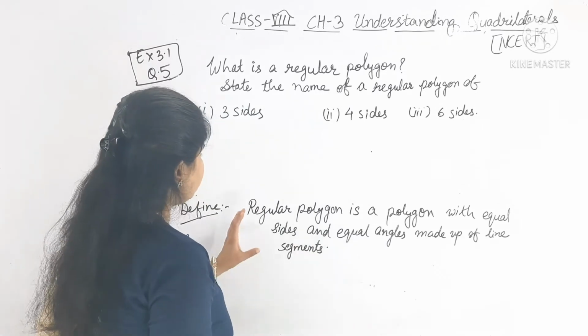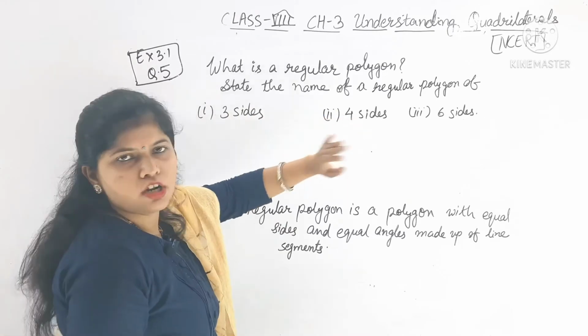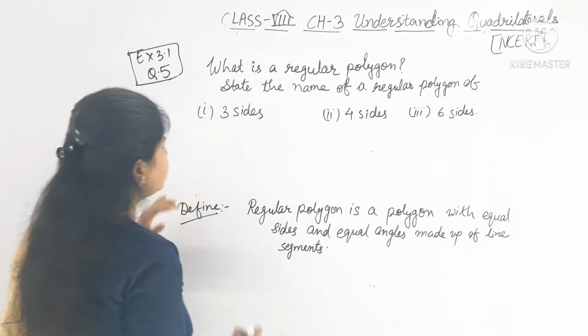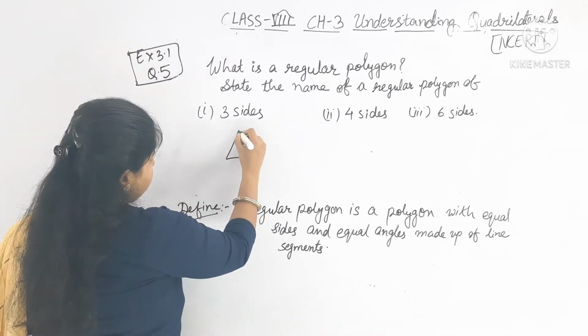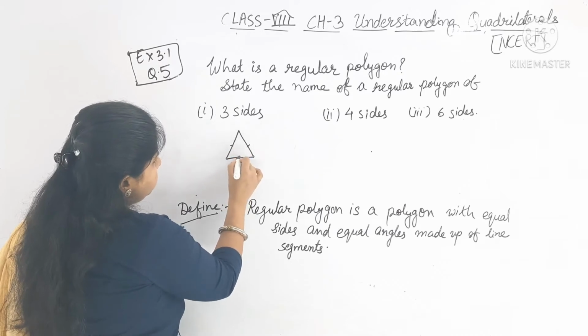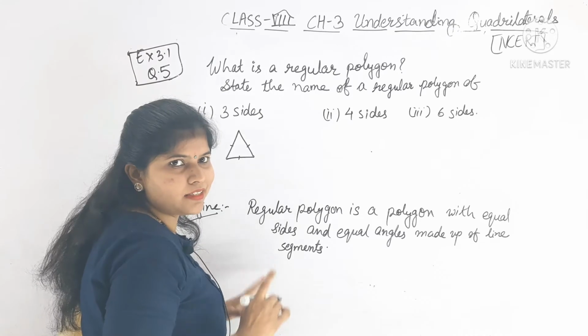So first you have to define this, then you have to state the name of a regular polygon having 3 sides. So which triangle has equal sides and equal angles? That is the equilateral triangle.